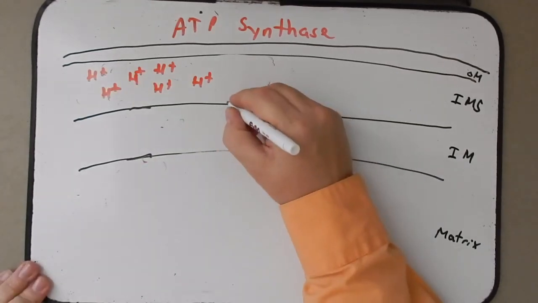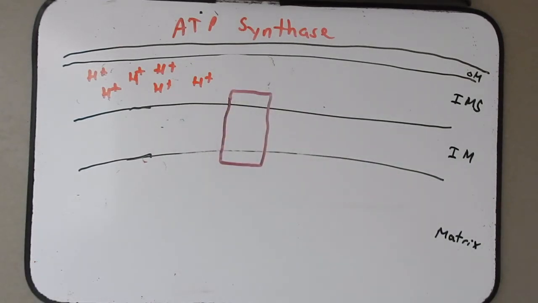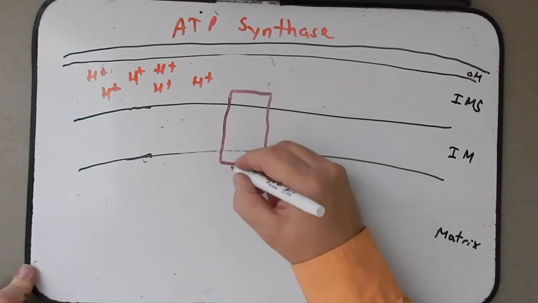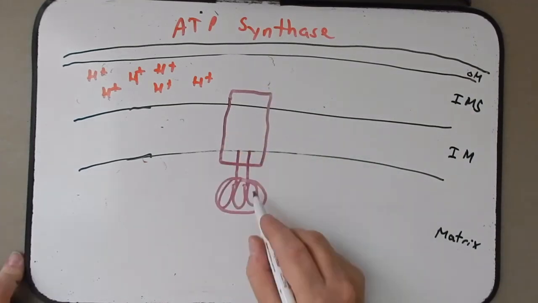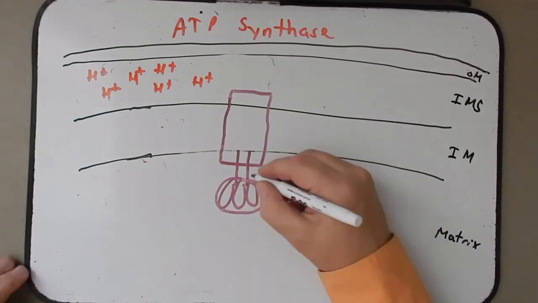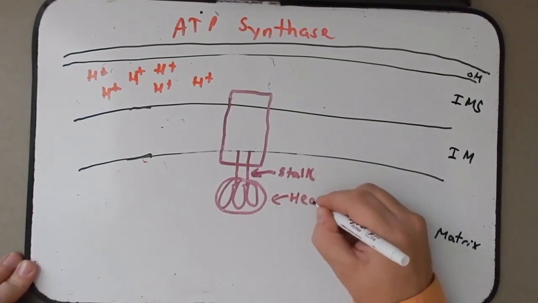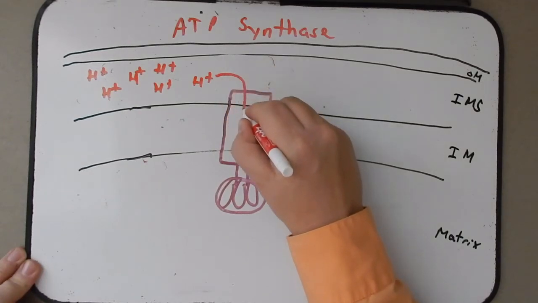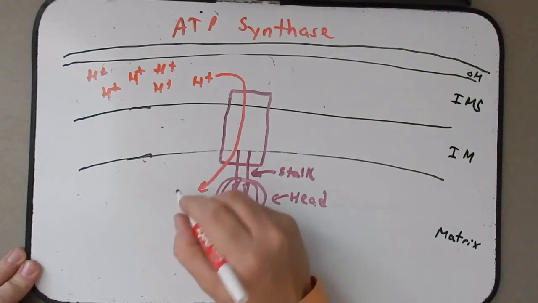So we have this large protein complex shaped similar to how I'm drawing it here, where we have this main protein structure, and then we have something we call the stalk. And attached to the stalk is a complex of proteins that we'll call the head. What happens is that these protons will move across this ATP synthase.